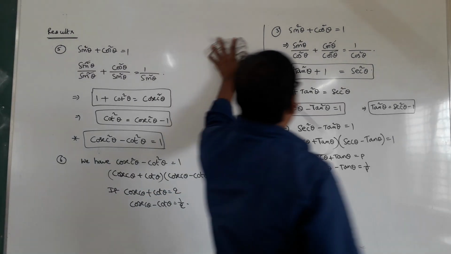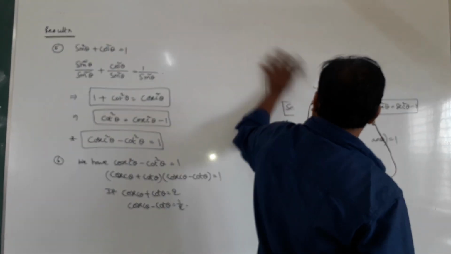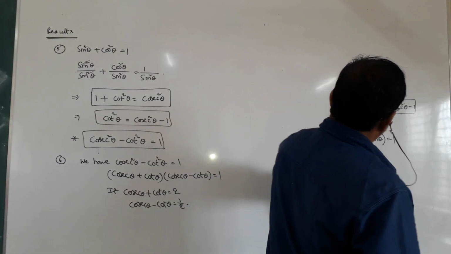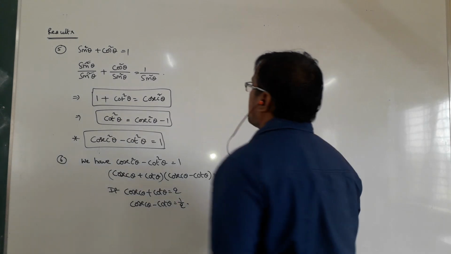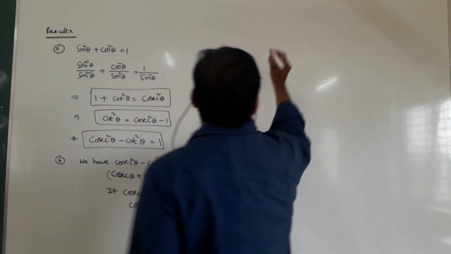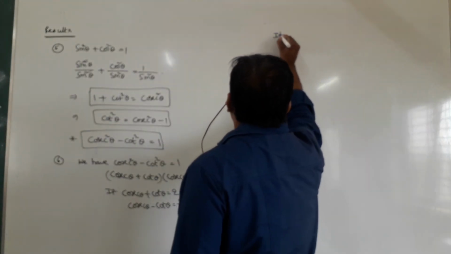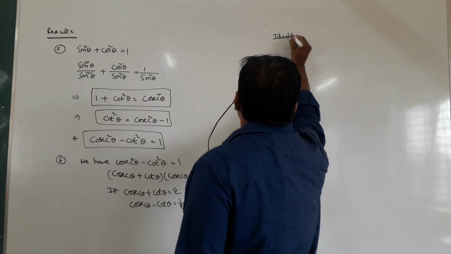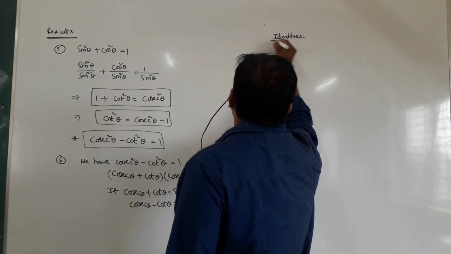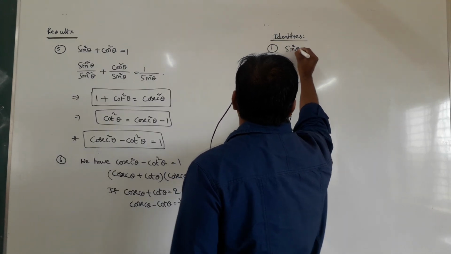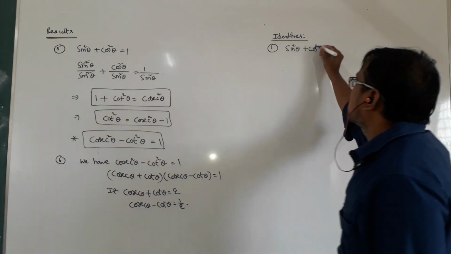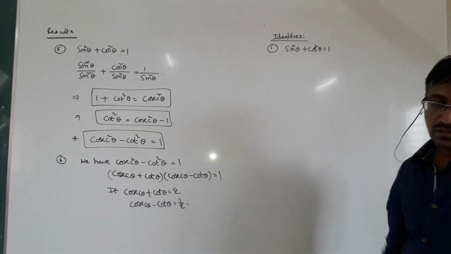So finally, these are called identities. The first one is sin square theta plus cos square theta is equal to 1.